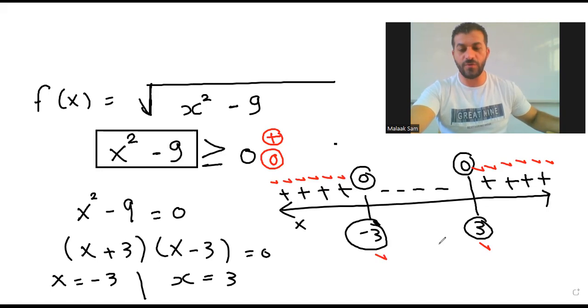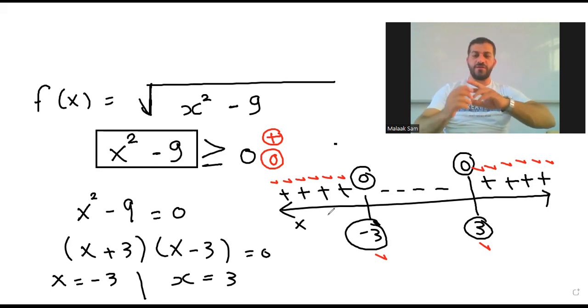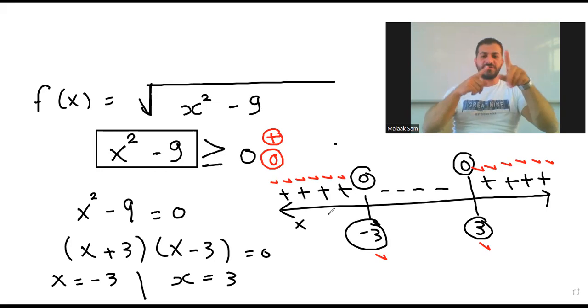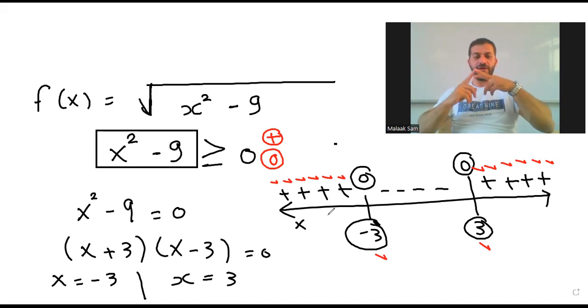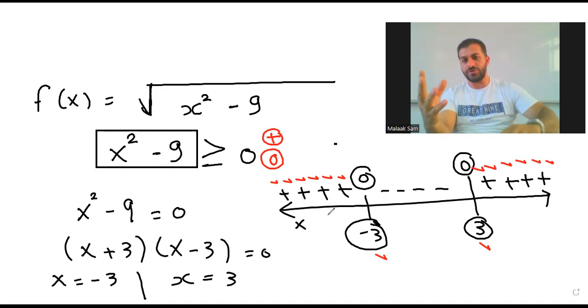And at the moment, we can find the negative 3. So what is the domain in this case? As you see on the number line, we can find 3 because 3 makes the square root 0. We can find negative 3 because negative 3 makes the square root equal to 0. And we can find all values which are greater than 3, and we can find all values which are less than negative 3.